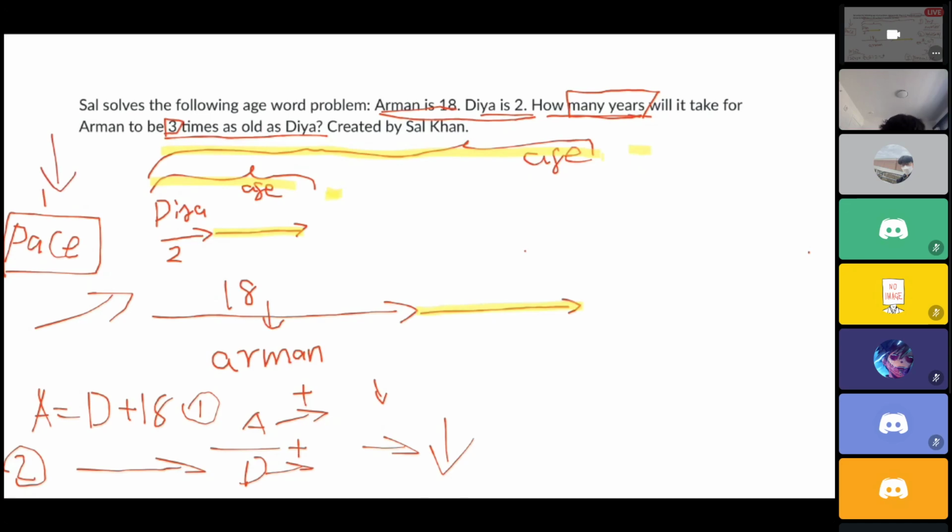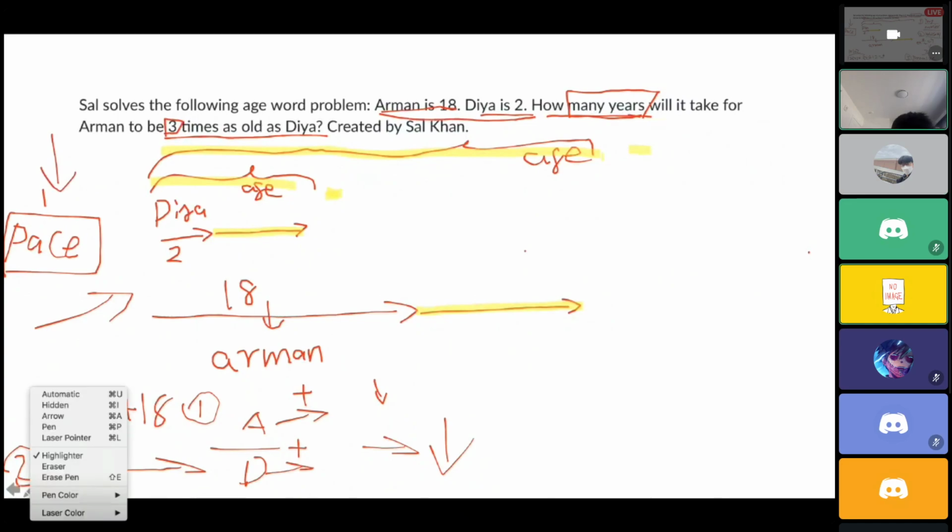The one with age, the one I'm pointing at. Oh, you cannot see it? No, I can.